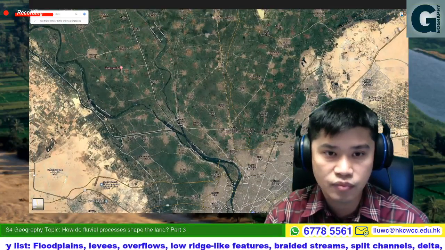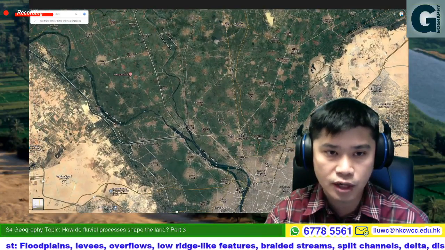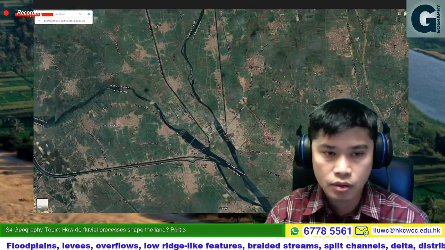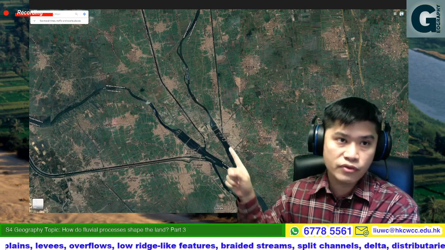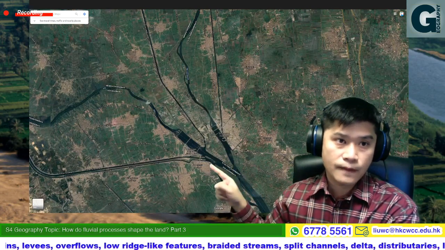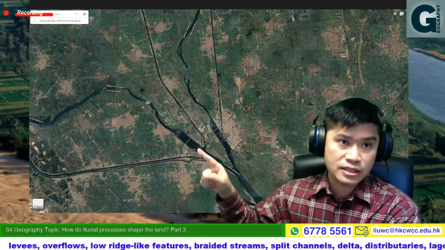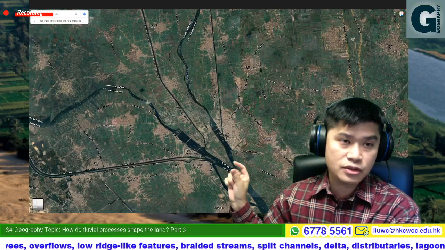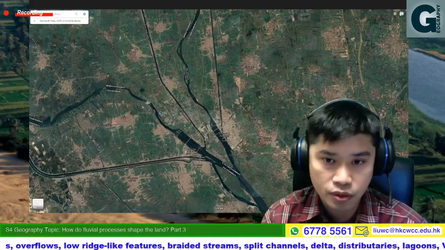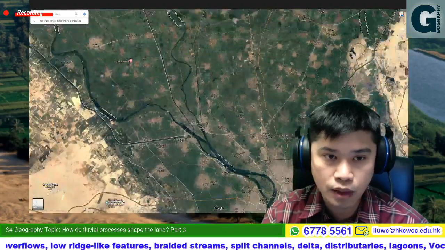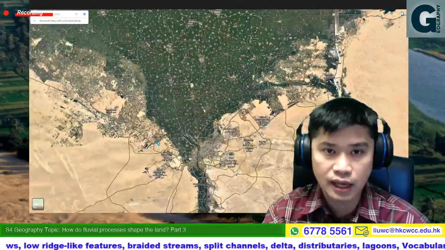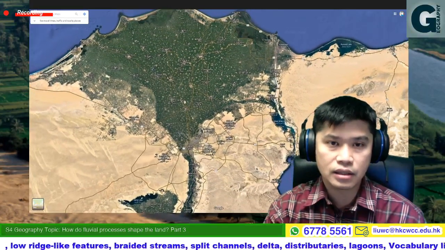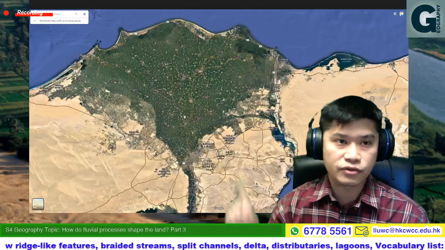However, starting from this point, you can see that the river splits into two. If I zoom out, you can see that it has already entered the area of the delta.